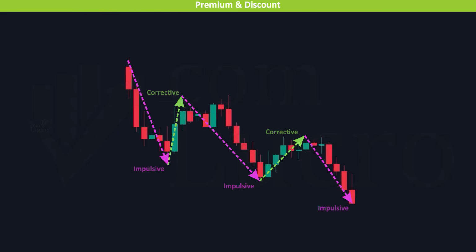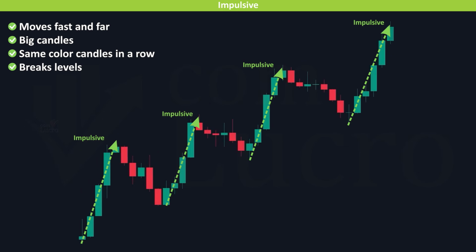Conversely, when market sentiment is bearish and traders are pessimistic about an asset, they tend to sell, leading to an impulsive move in the opposite direction. As the price falls, some traders may start to feel that the asset is becoming oversold and decide to buy it back, which can again trigger a retracement. Impulsive waves often push the price a greater distance with momentum, characterized by same-color candles with large bodies.